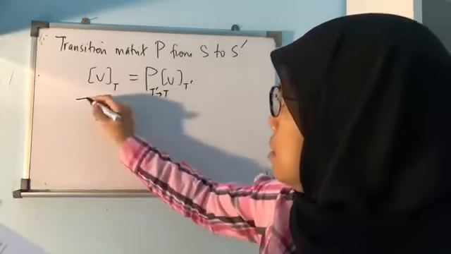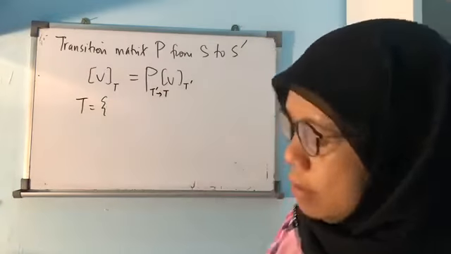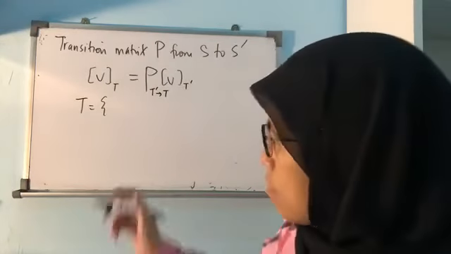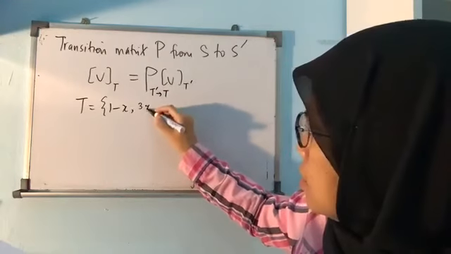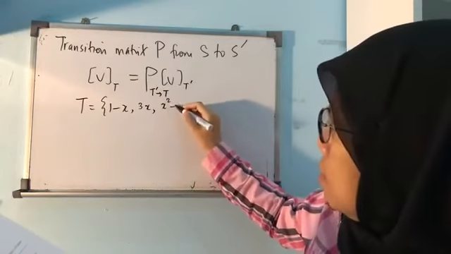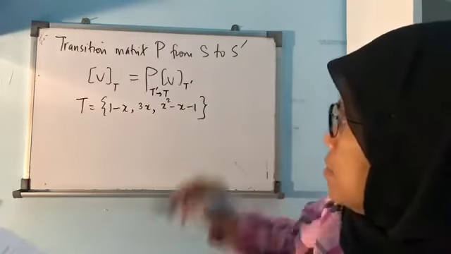And T is given to be 1 minus x, 3x, x squared minus x minus 1.